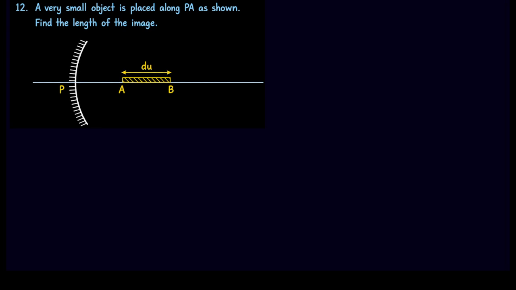Take this one. A very small object is placed along PA as shown in the figure. Find the length of the image. The length of this object is given as very small here.